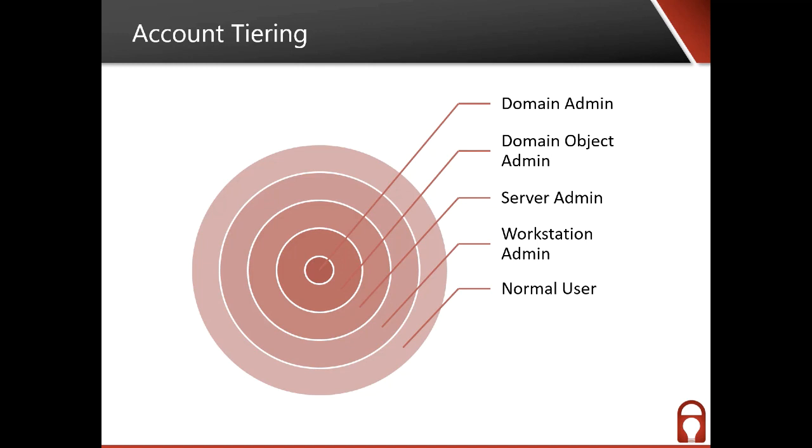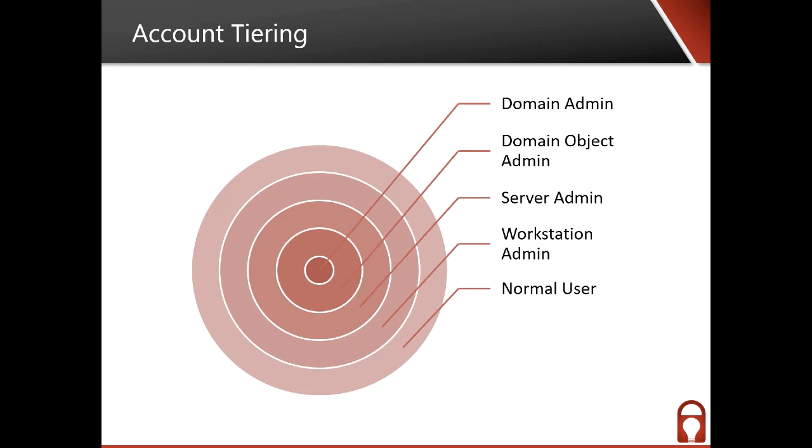And on top of that, none of these accounts should ever log on or interact with a device from a different tier, right? A server admin account should never be used on a workstation, right? And a domain admin account should only be used on domain controllers.